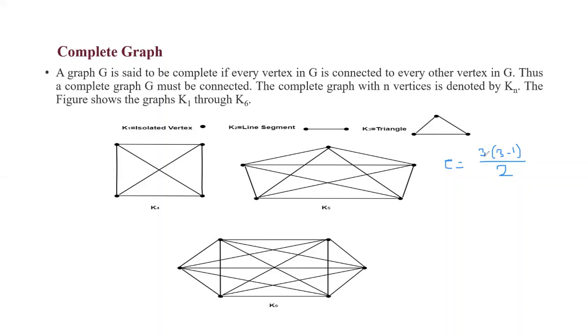So 3 minus 1 is 2, 3 into 2 is 6, 6 divided by 2 is 3. The number of edges is 3. So here 1, 2, 3. This is how to find the number of edges in a complete graph, that is n into n minus 1 divided by 2.